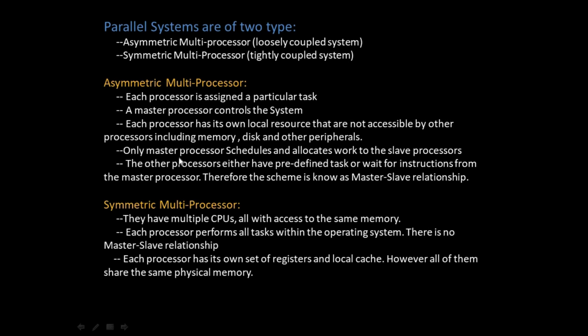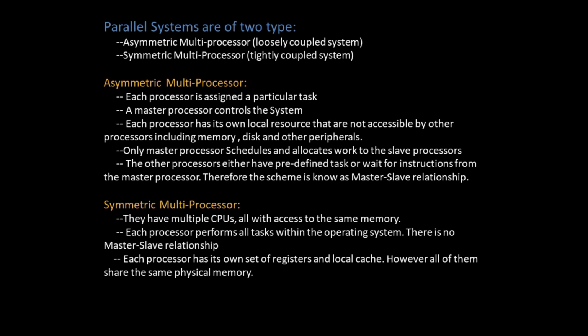Furthermore, only the master processor schedules and allocates work to the slave processor. The other processors either have predefined tasks or wait for instructions from the master processor. Therefore, the scheme is known as master-slave relationship.